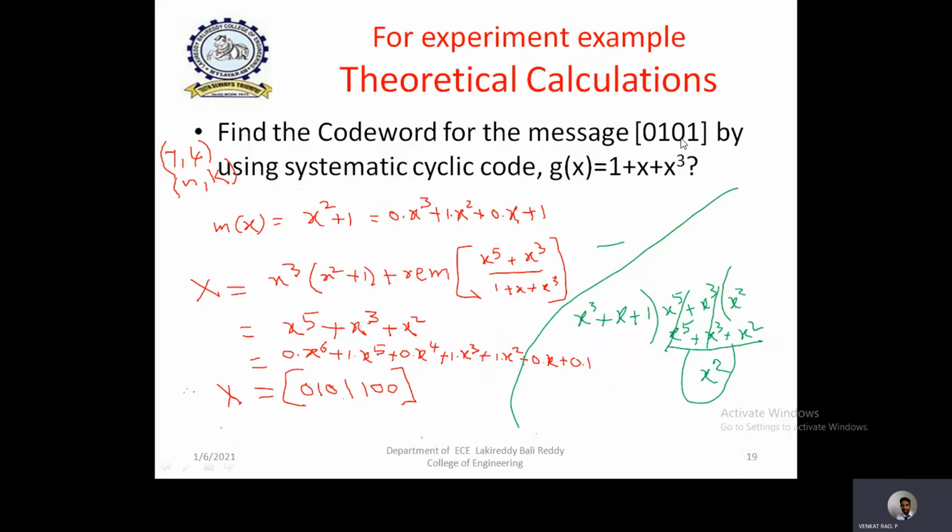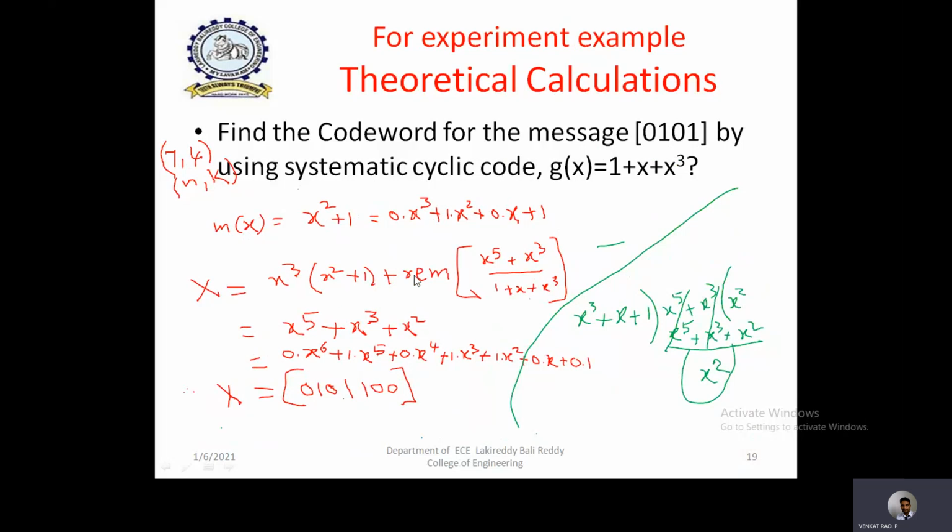First we need to convert this into an equation. Since we know that it is a 7, 4 cyclic code, 4 bits are there. Start from x cube. So 0 into x cube, 1 into x square, 0 into x, 1 into 1. Finally, it is x square plus 1. Only this is the remaining component. So m of x is this one.